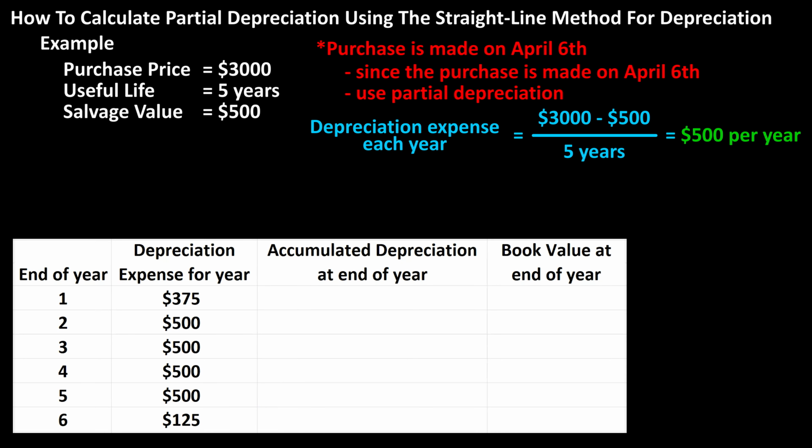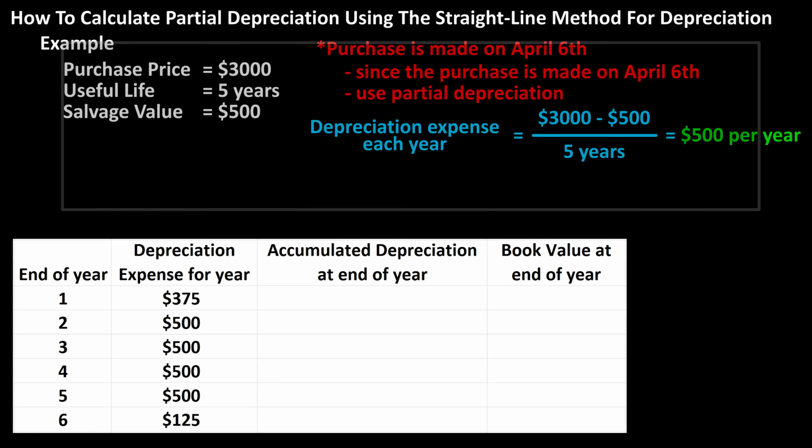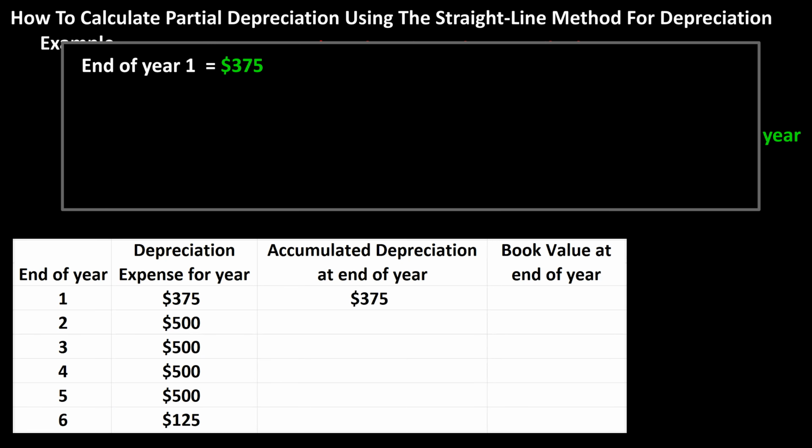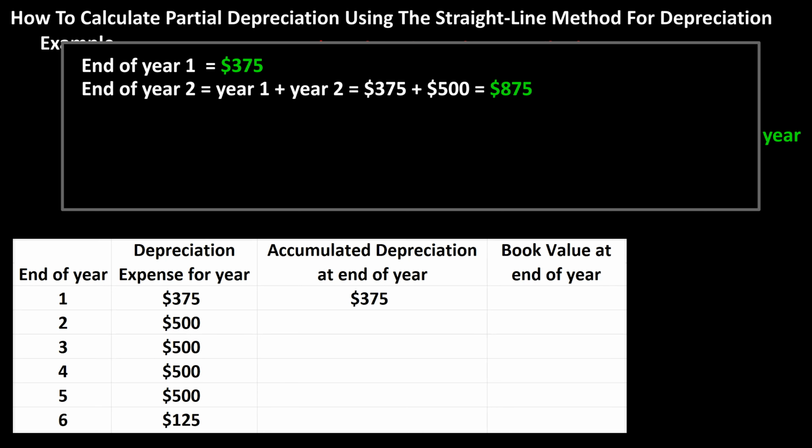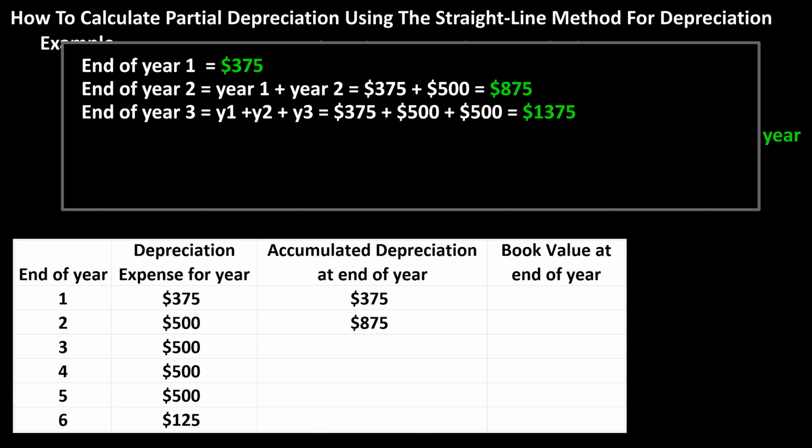For the third column, accumulated depreciation at end of year, this is the total amount of depreciation accumulated at the end of each year. So at the end of year 1, the total amount of depreciation will be $375. At the end of year 2, the accumulated depreciation will be the depreciation for year 1 and year 2. So $375 plus $500, which is $875. At the end of year 3, the accumulated depreciation will be the depreciation for year 1 plus year 2 plus year 3.